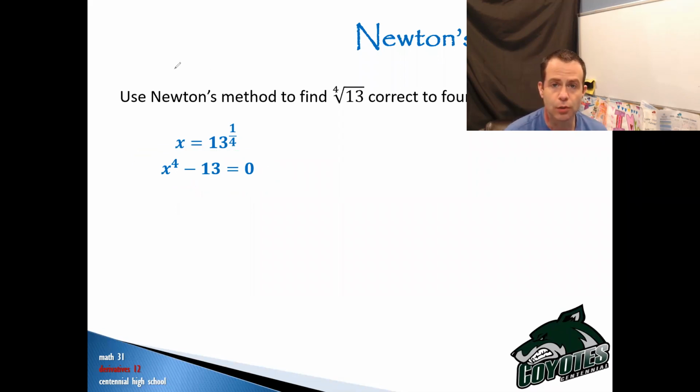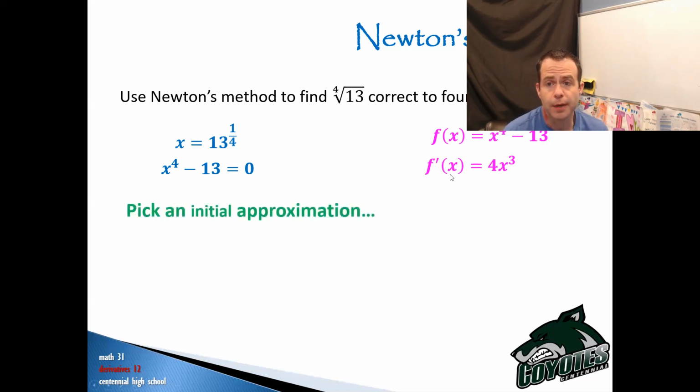So I need to find f of x. Well, f of x is x to the 4 minus 13, and then I need the derivative of f of x, which would be 4x cubed. So I start with some sort of an approximation. My initial approximation is going to be x1 is 2. Now I plug it in.